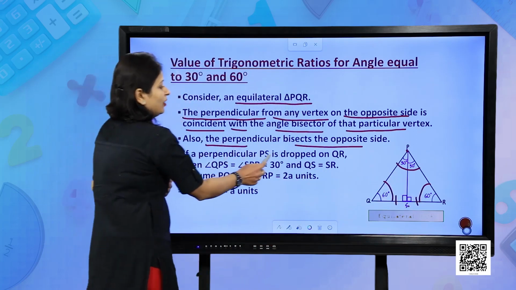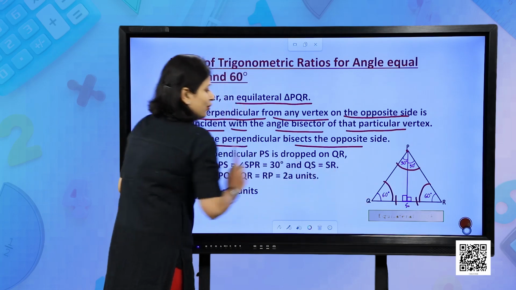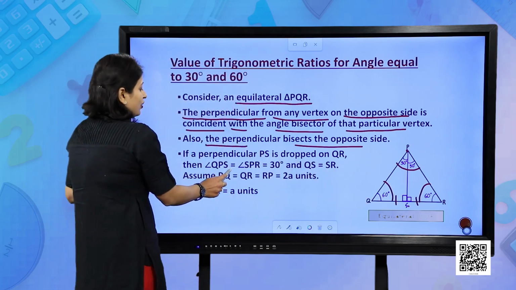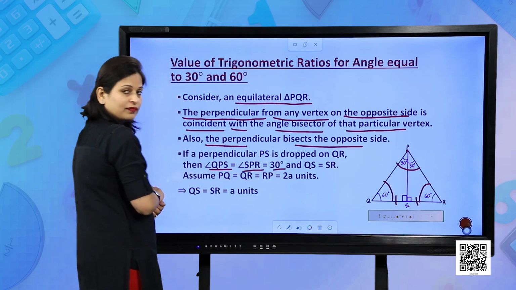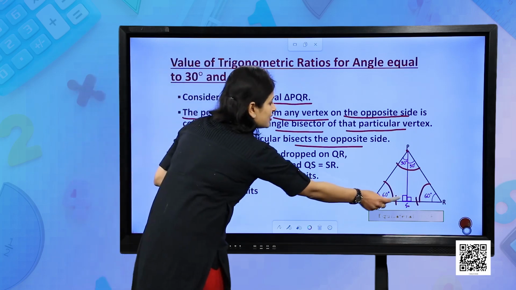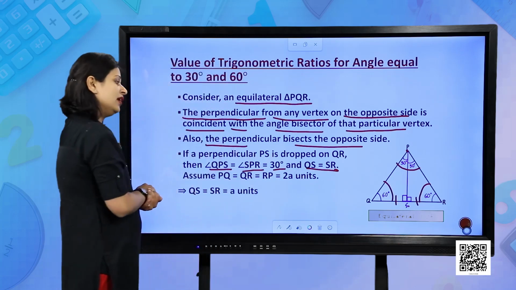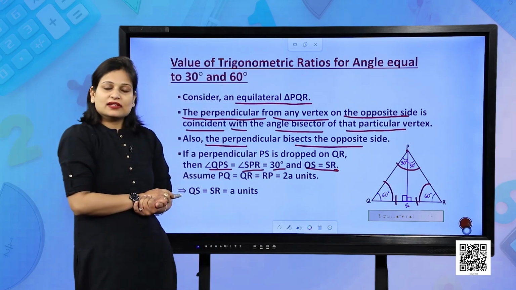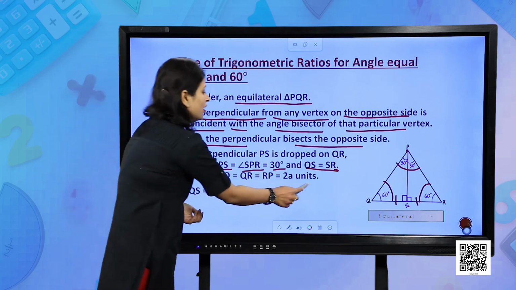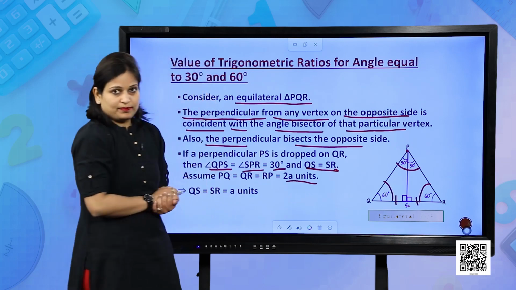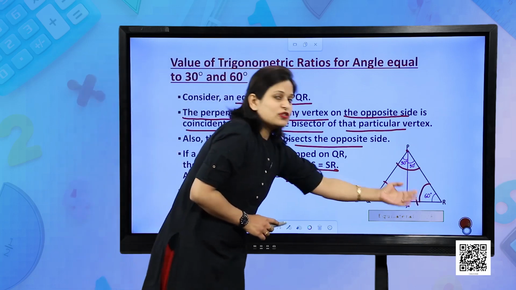So, if a perpendicular PS is dropped on QR, then angles QPS and SPR are of 30 degrees, and QS and SR are equal. Now, let us consider the measure of sides of an equilateral triangle as 2A units. QR is also 2A.